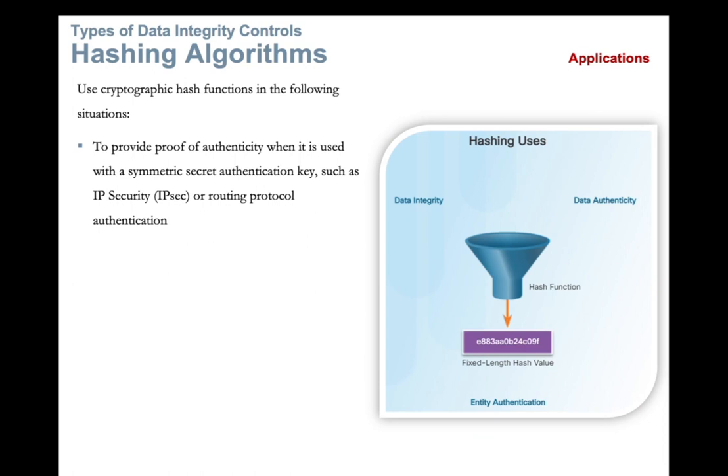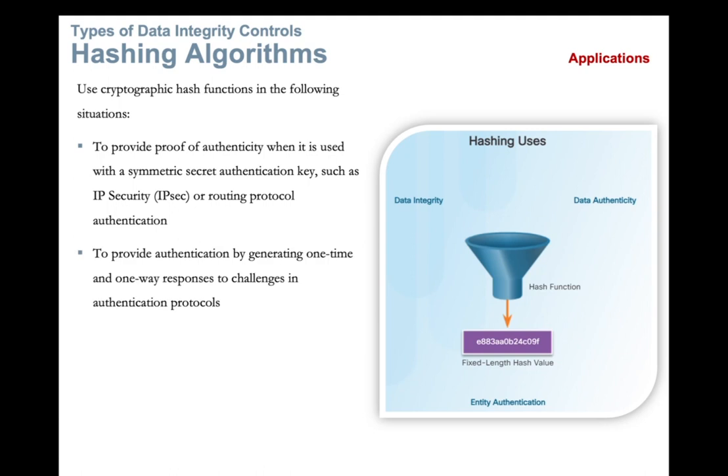The same key is used for encryption and decryption, such as in IP security or routing protocol authentication. The cryptographic hash function also provides authentication by generating one-time and one-way responses to challenges in authentication protocols.